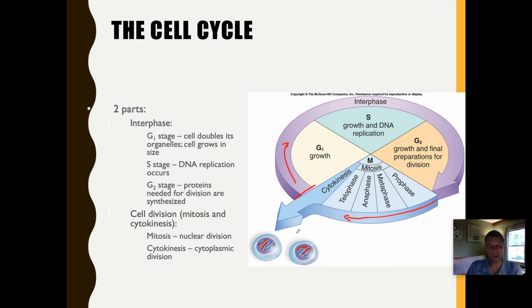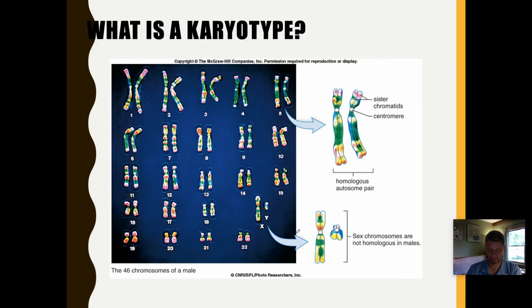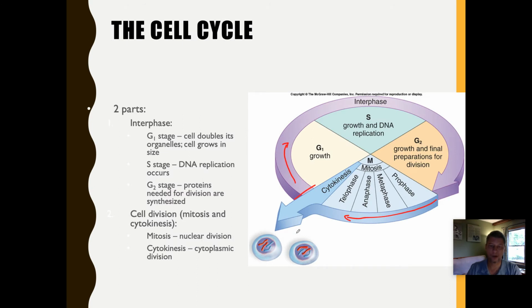And the net result of this whole process is that you end up with two identical cells, at least genetically, at the end of the cycle. All right. So you start out with one cell, you end up with two cells that look exactly like the original cell did.